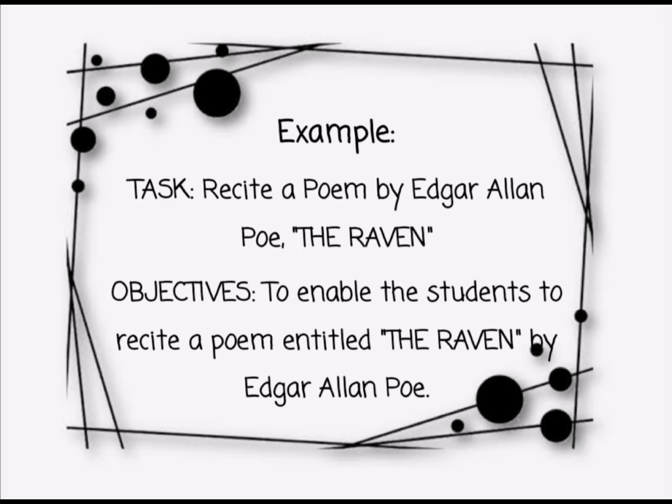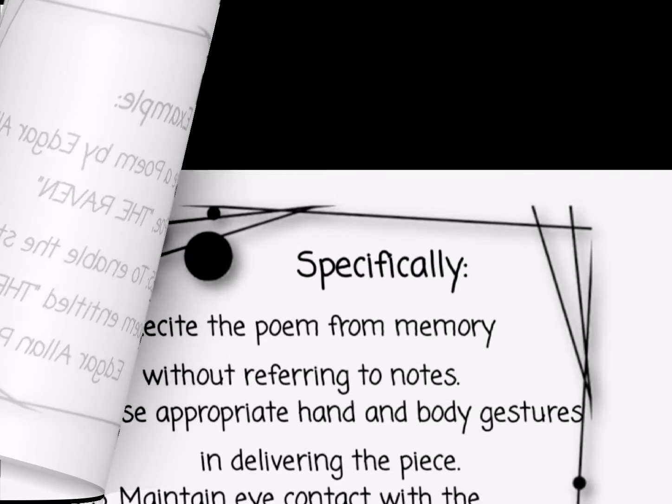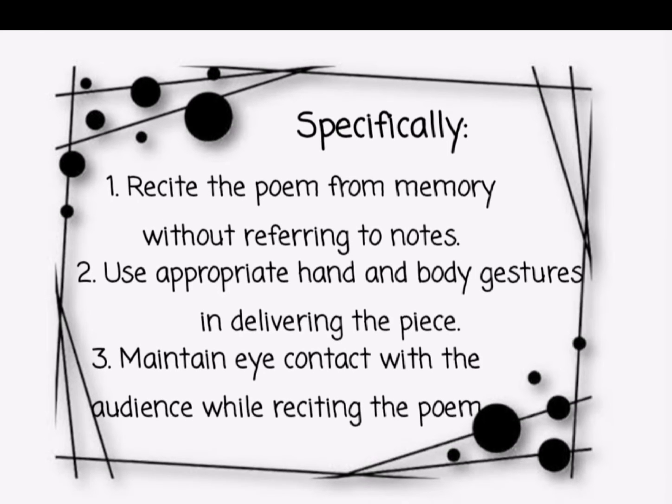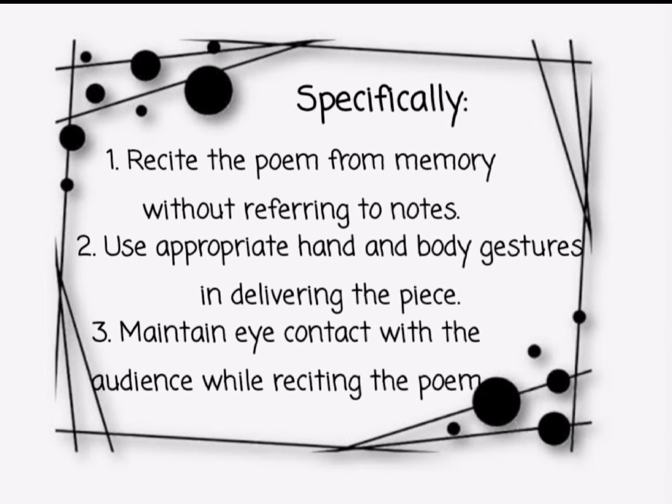So, the task is to recite a poem by Edgar Allan Poe entitled The Raven. The objective is that the activity aims to enable the student to recite a poem entitled The Raven by Edgar Allan Poe. Specifically, first, recite the poem from memory without referring to notes.